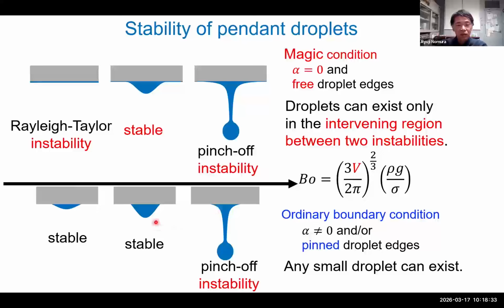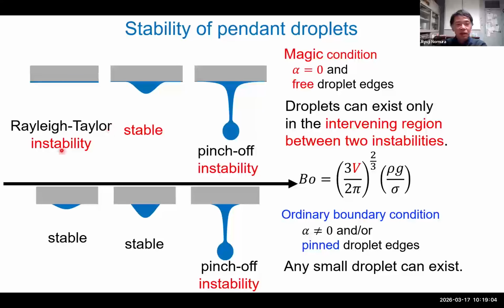So below this volume, any of the small volume droplets are stable in this ordinary case. But in this, I call it the magic condition, in this special case, alpha equals 0 and the edge moves freely, only in this case are the situations quite different. In the large volume region, we have a pinch-off instability.